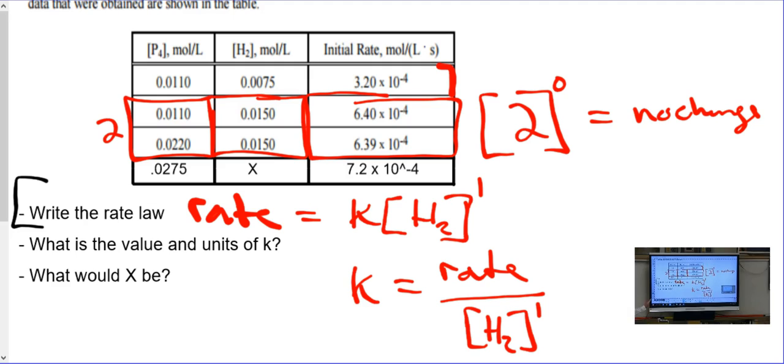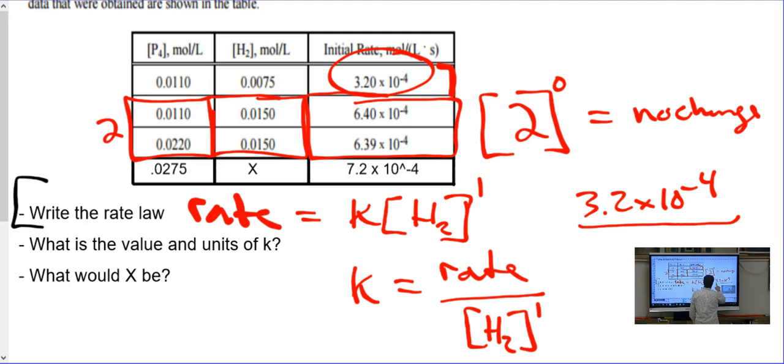All right, pick the row you want and just do it. So K would be equal to the rate, 3.2 times 10 to the negative 4, divided by the concentration of H2, 0.0075.